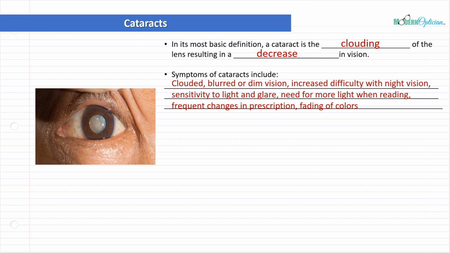However, this overall decrease in vision is something that can't be corrected with lenses, and it makes sense. Basically, what it boils down to is that the crystalline lens is now foggy, and it's a huge part of the pathway of light through the eye, and the crystalline lens is one of the primary refractive elements. So one way I usually describe it is that, if you have smudges on a window, it's very difficult to see outside through that window.